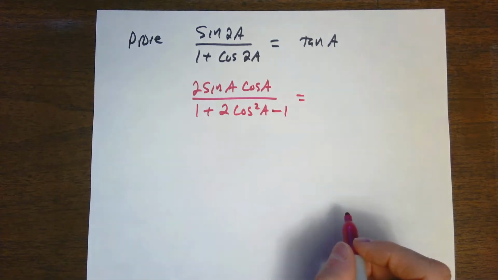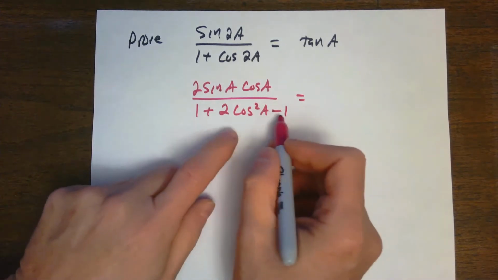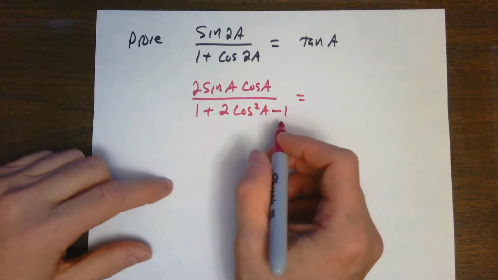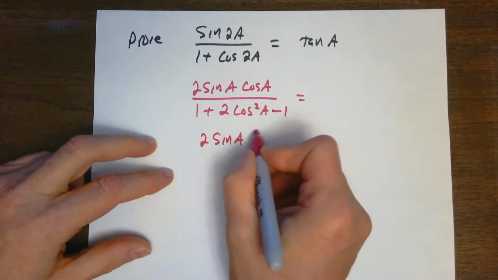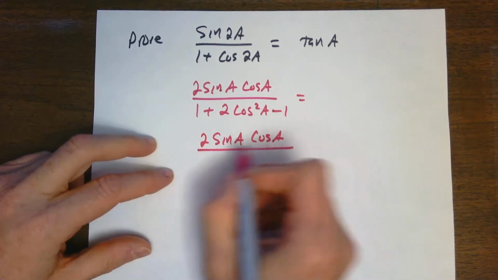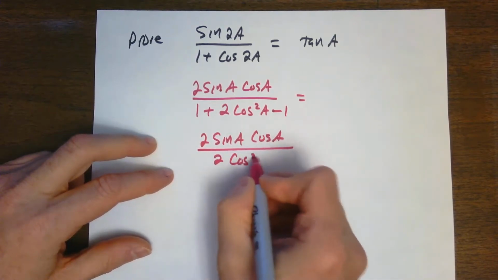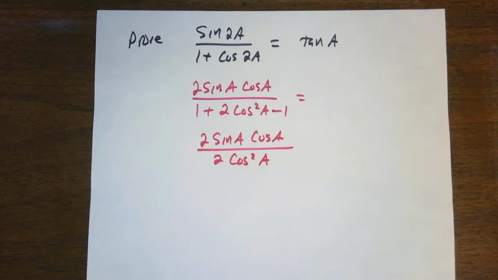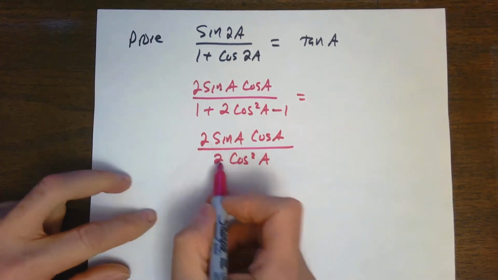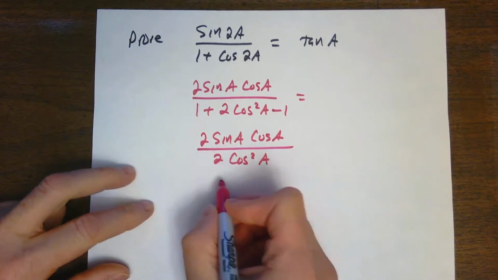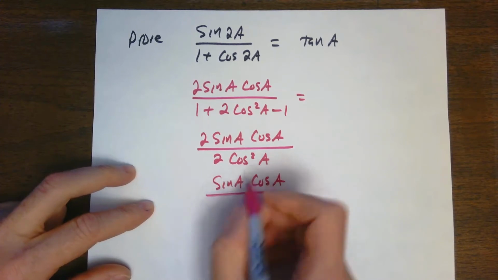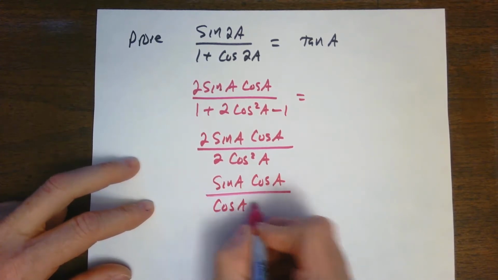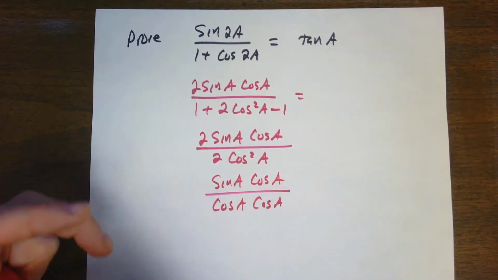And let's see if I simplify. I use this one because I know the 1s are going to cancel here. And in the top, what am I going to get? 2 sine A cosine A over 2 cosine squared A. Well, let's see. Can I cancel the 2s here? I'm going to get sine A cosine A over cosine squared, which is really just cosine times cosine.